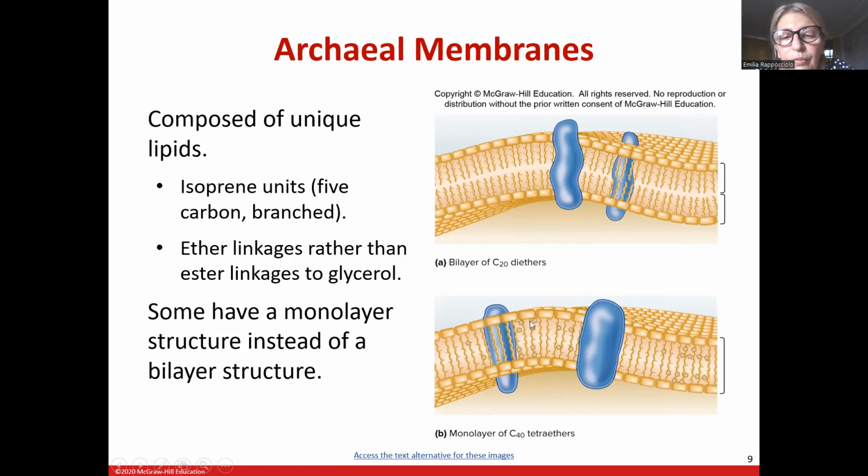And some of them, quite interestingly, instead of making a bilayer, you see here, you have the 2 layers of fat, they make a monolayer. So the 2 hydrophilic heads are joined by a continuous fatty acid string.